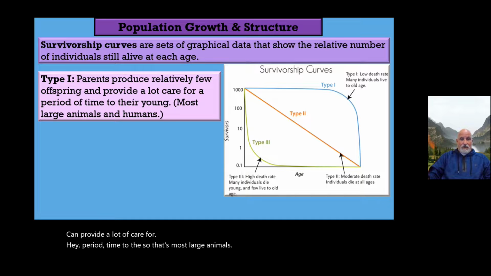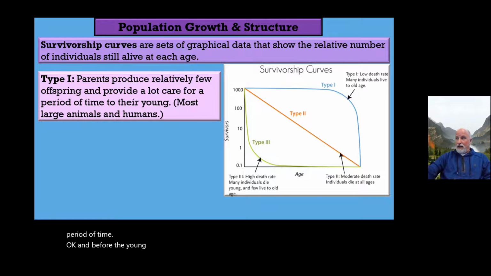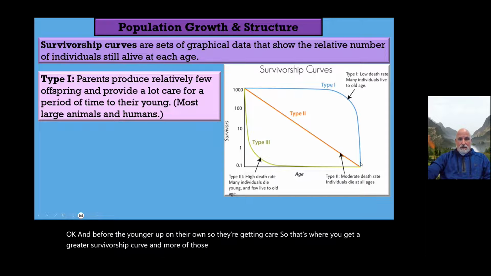They have very few young, like deer, like elk, and bear. They care for the young. Their young stay with them for a period of time before the young are off on their own, so they're getting care. So that's where you get a greater survivorship curve, and more of those young live to be older ages before they die off.